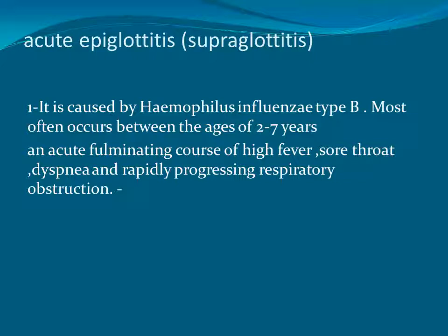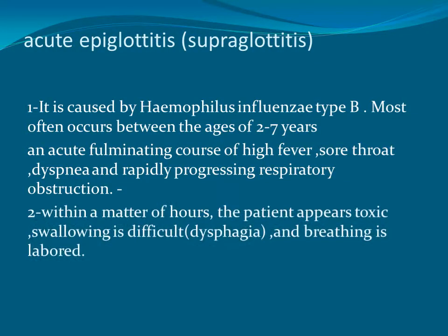It most often occurs between the ages of 2 to 7 years. It has an acute fulminant course of high fever, sore throat, dyspnea, and rapidly progressive respiratory obstruction. Within a matter of hours, the patient appears toxic with swallowing difficulty, so he has drooling and dysphagia, and breathing is labored.